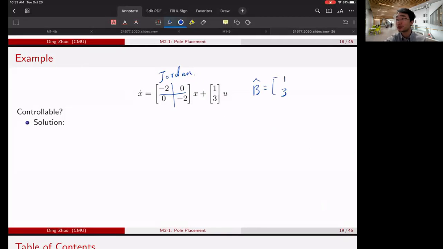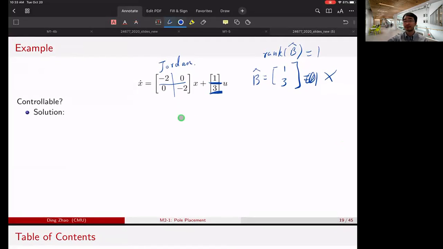So that B hat will be 1 and 3, the last row of each of your Jordan blocks. And you have 2 Jordan blocks, so the rank of this should be 2 to make the system controllable. But this is a 2 by 1, so it cannot be 2. The maximum rank is 1. So this is not a controllable system from the Jordan form method.